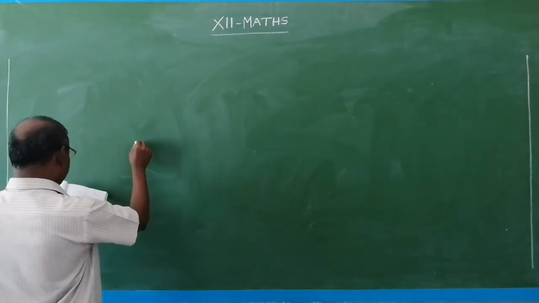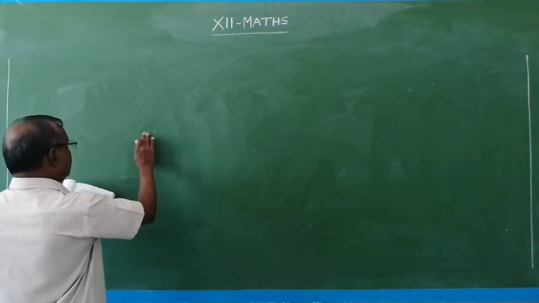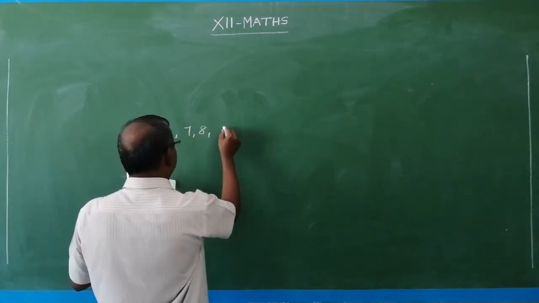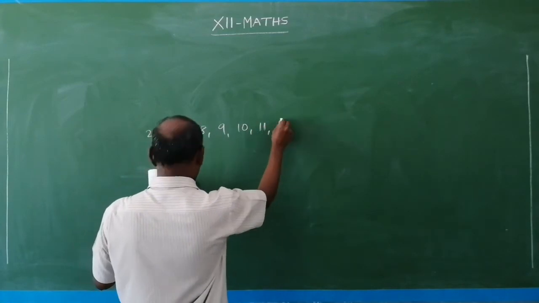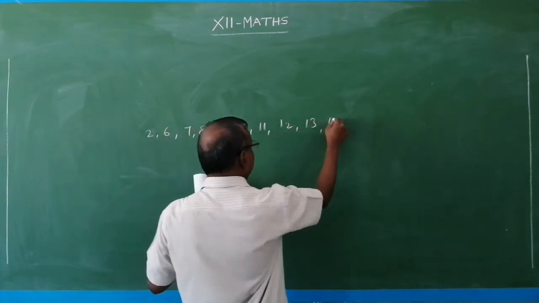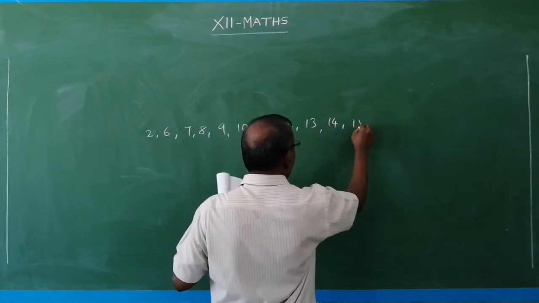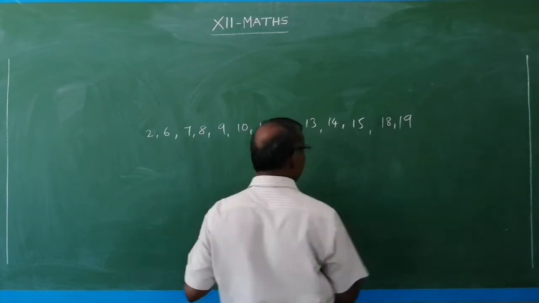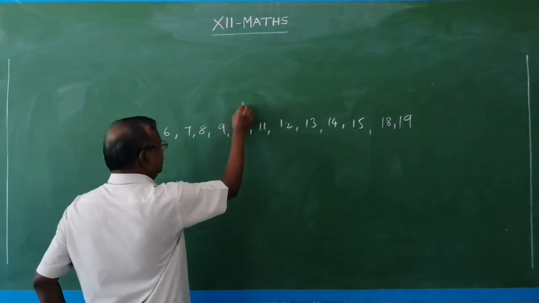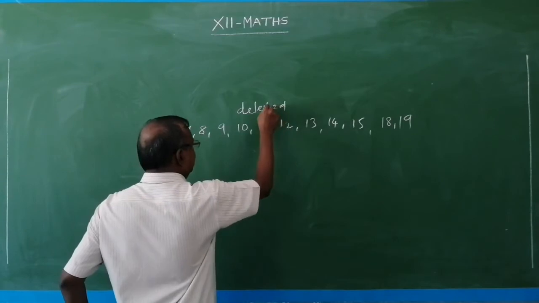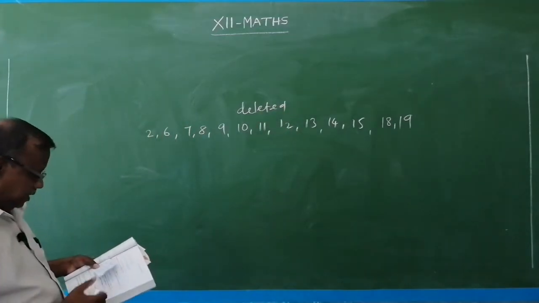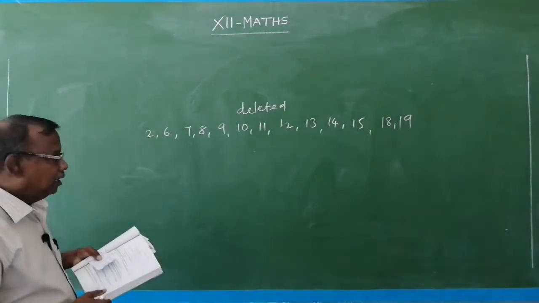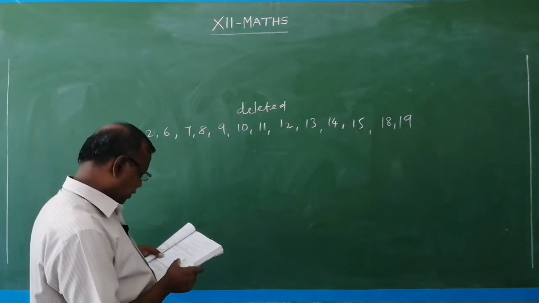In the miscellaneous exercise, problems 2, 6, 7, 8, 9, 10, 11, 12, 13, 14, 15, 18 and 19 are all deleted. So these are all deleted for our current syllabus. I am going to teach you the remaining problems only, and example 14 is also deleted.